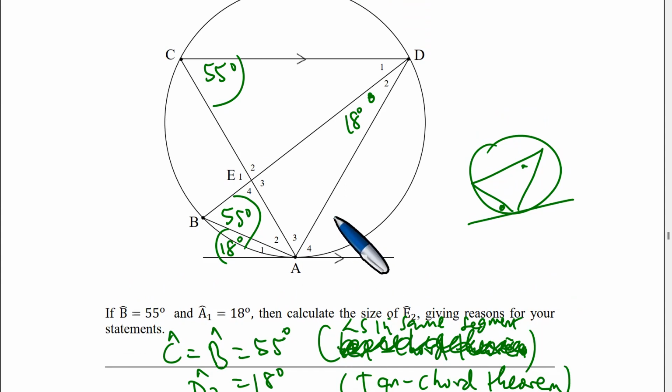Right, once we find that D2 is 18 degrees, what is D1 plus D2? D1 plus D2 must be equal to 55 degrees. This is a tangent, and therefore this angle equals that one there.